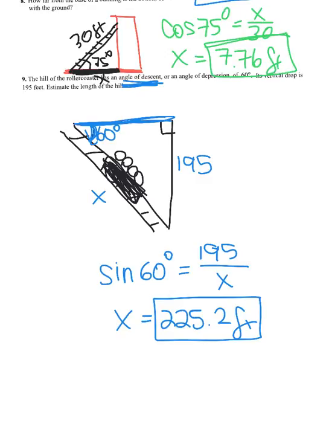And the vertical drop is 195. So we want to find the length of the hill, which is this hypotenuse right here. So that sets up sine of 60 degrees is equal to 195 over x. Multiply x on both sides, and divide by sine of 60 degrees on both sides. That gets me 225.2 feet. And that's it.